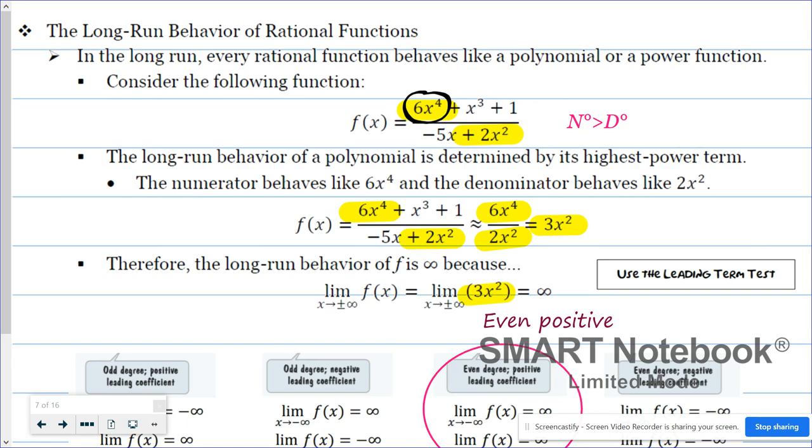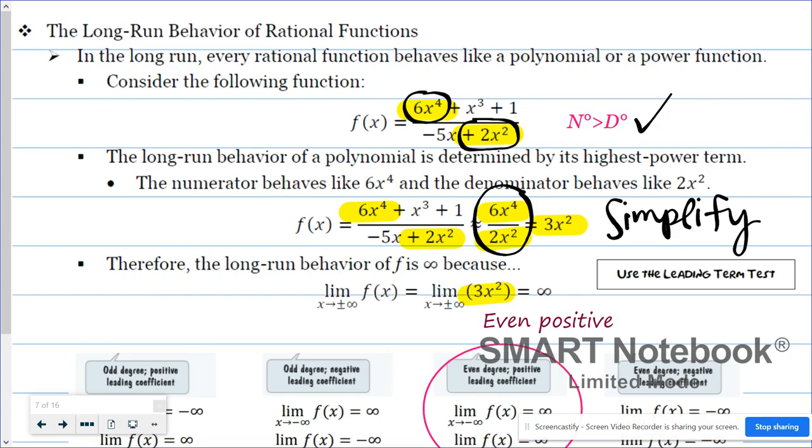We can look at the leading term in the numerator and the leading term in the denominator, okay? So notice numerator is greater than the denominator, okay? And we can take those two terms and we can make a ratio. And then we can simplify that ratio. So when I simplified 6x to the fourth over 2x squared, I got 3x squared.